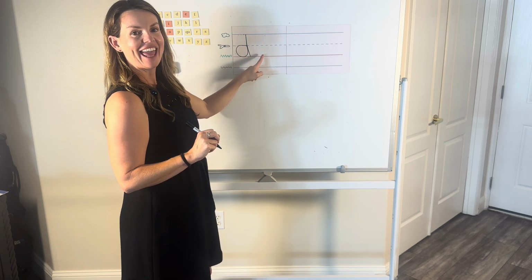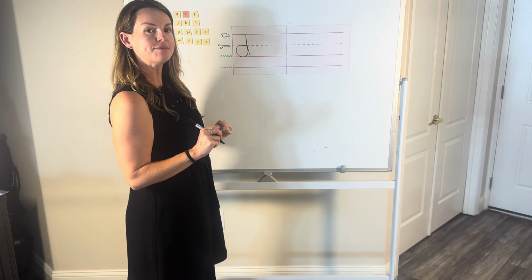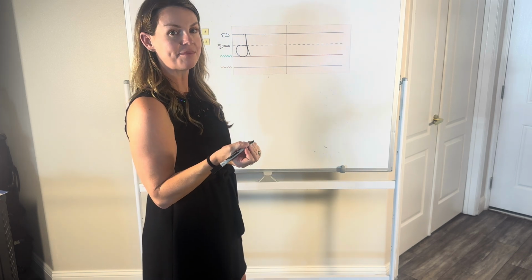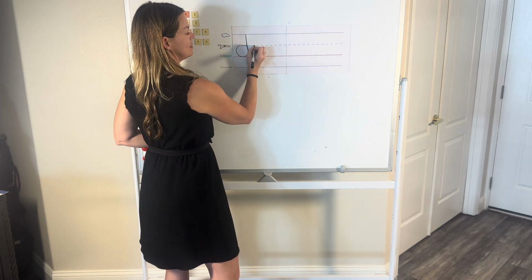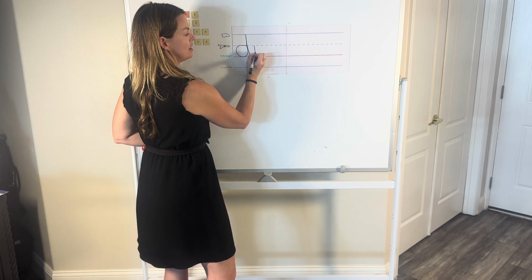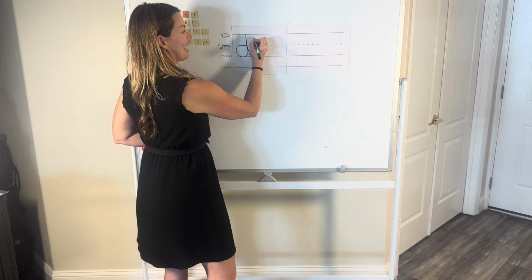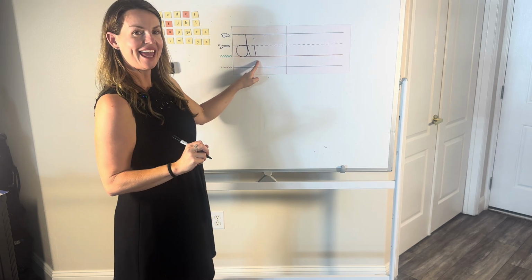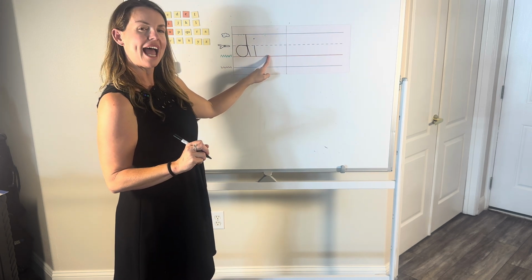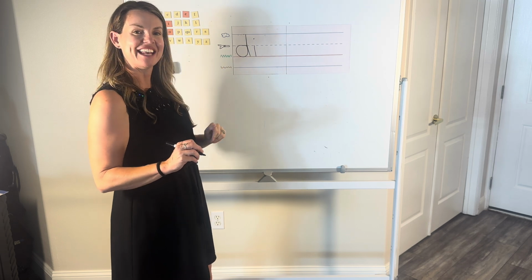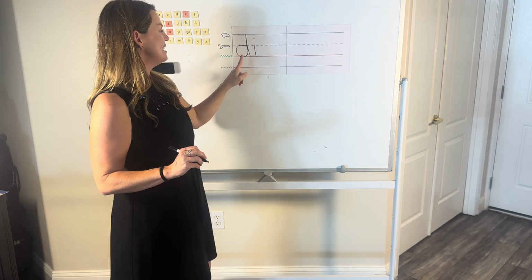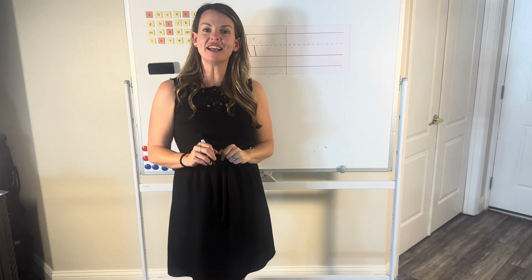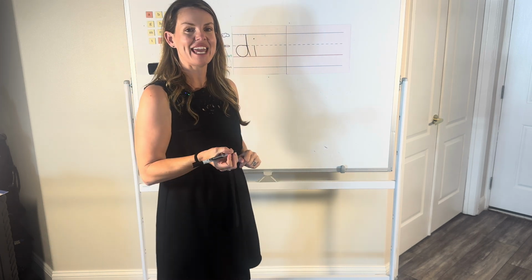D. What letter spells D? Make sure your D starts on the plane line. It curves around, all the way up, and back down. What was the middle sound that we heard in the word dip? I. What letter spells I? I starts on the plane line. It comes down to the grass and dots. What sound did we hear at the end of the word dip? P. What letter spells P?